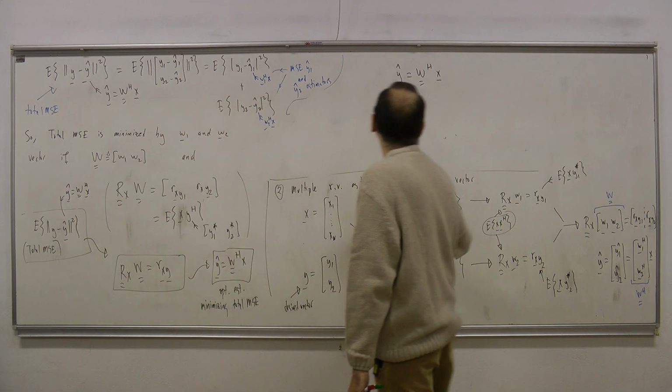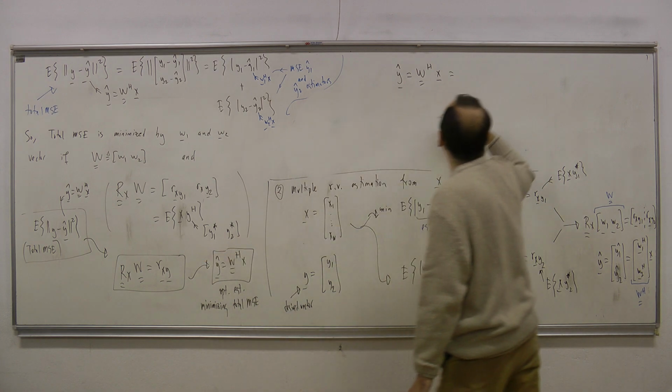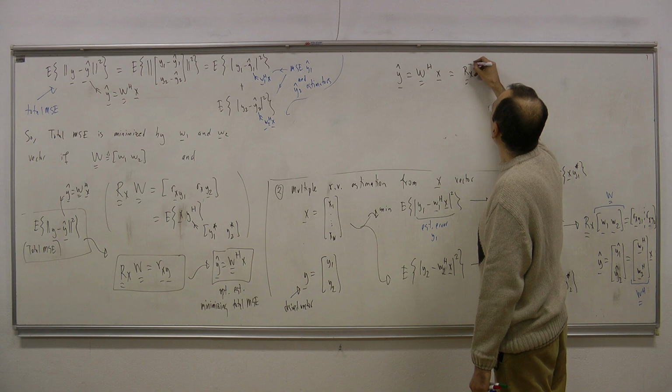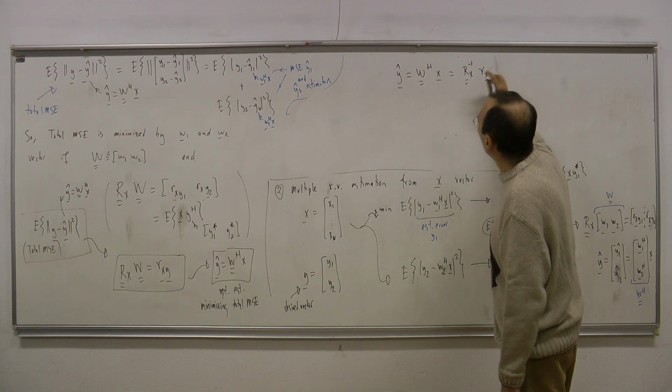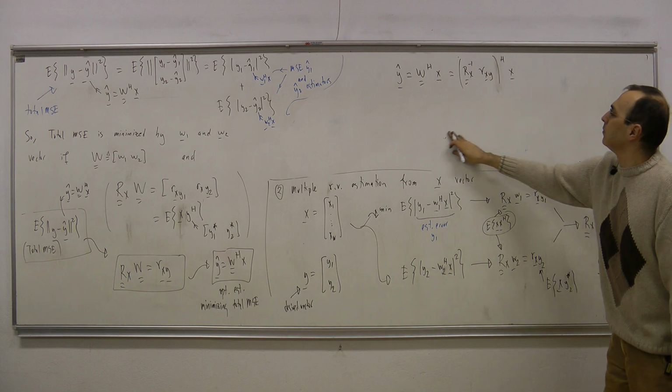W Hermitian times x, where W matrix this time will be Rx inverse Rxy, Hermitian times x, okay?